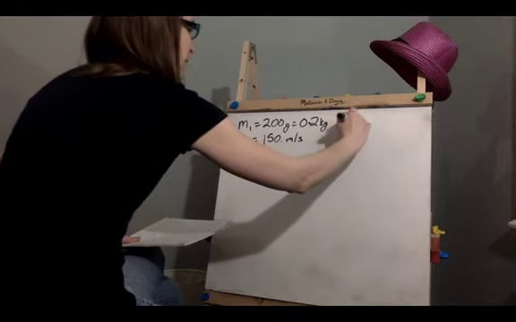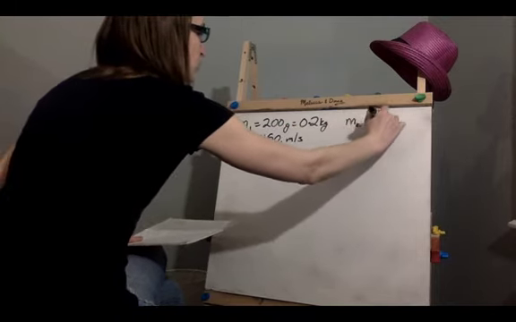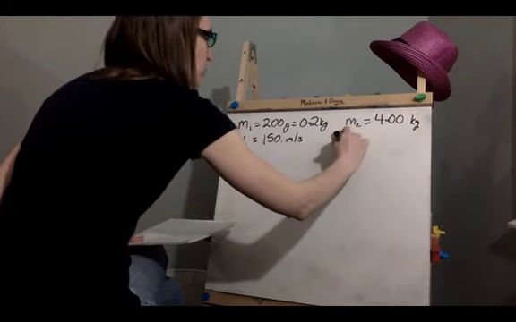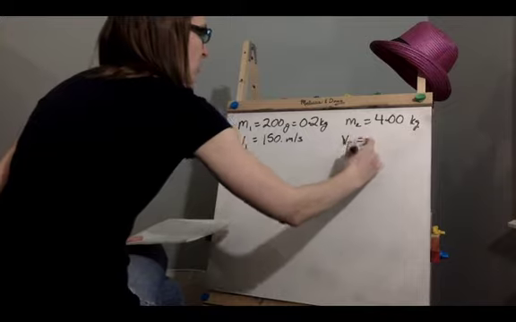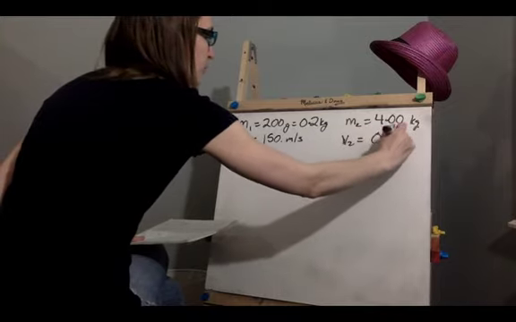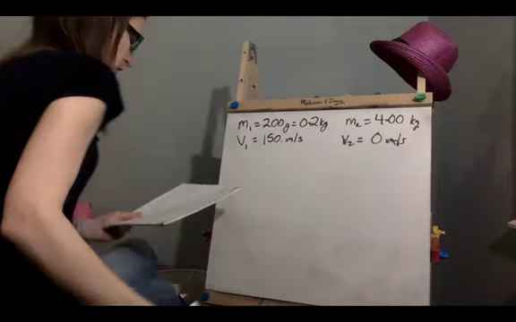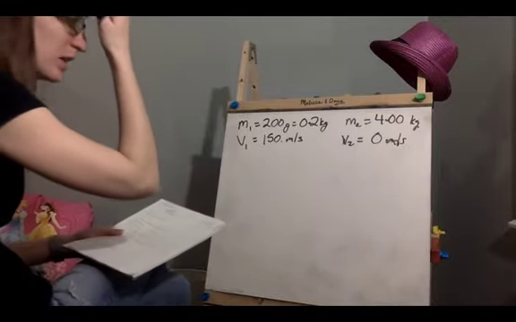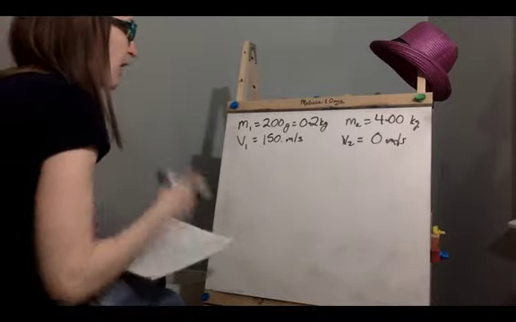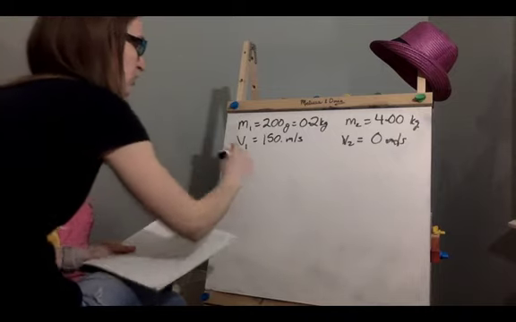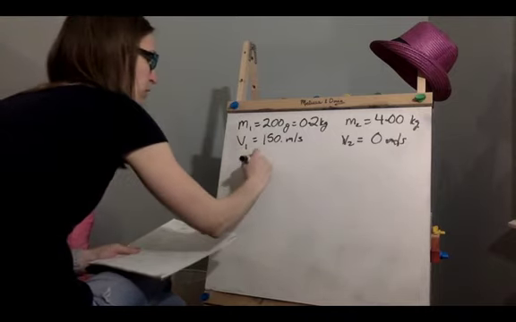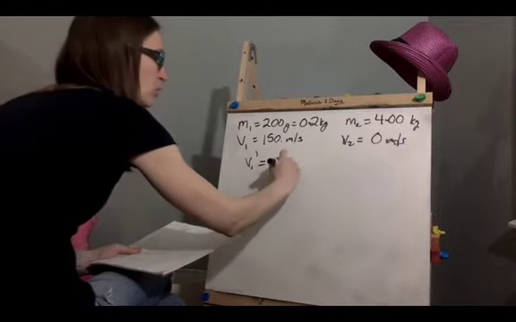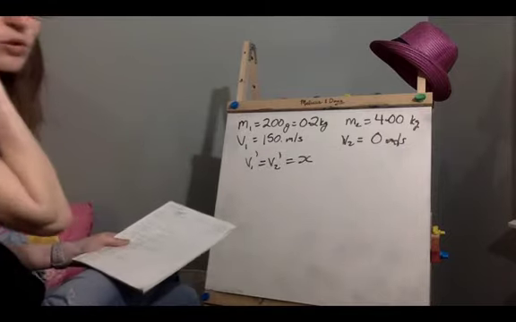We had the mass of the block, which was 4 kilograms, and we were told that it was stationary, so we know that its velocity is 0. What we don't know is what speed the block and bullet are moving after the collision. So essentially, what's V1 prime and what's V2 prime? Because they stick together they'd be equal, but this is our unknown, so I'm just calling it x in this case.